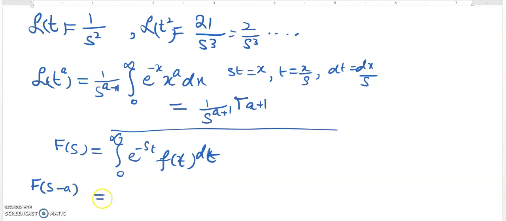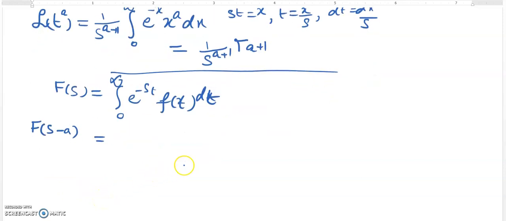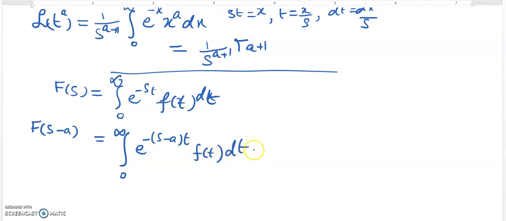By the definition we can write that its transform will be like this, because we are replacing s by s minus a. So here we will also replace s by s minus a, and then f of t dt. So we can write it like this also, 0 to infinity e power minus st into e power at f of t dt.